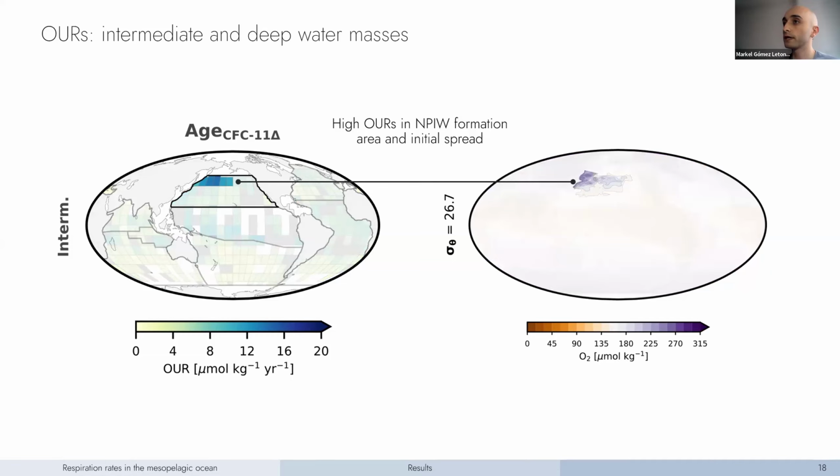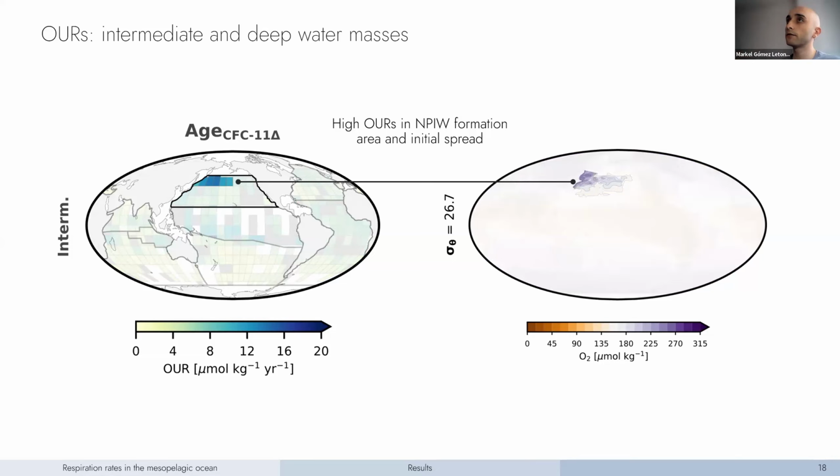But it also carries with it newly formed dissolved organic carbon. And on top of this, the area is also one which receives significant amounts of carbon by the sinking flux of particles.